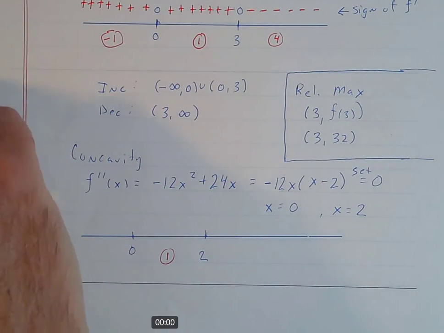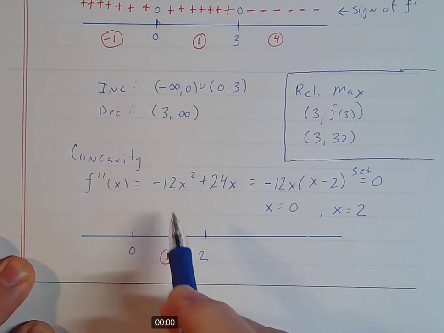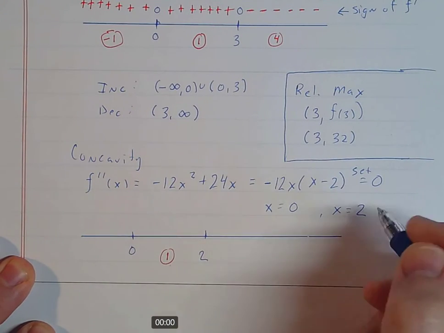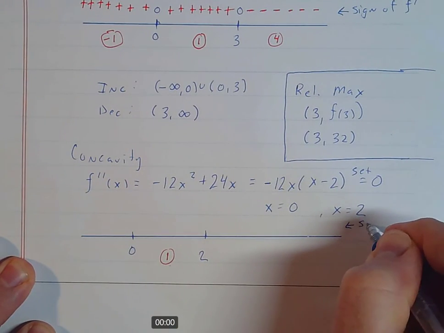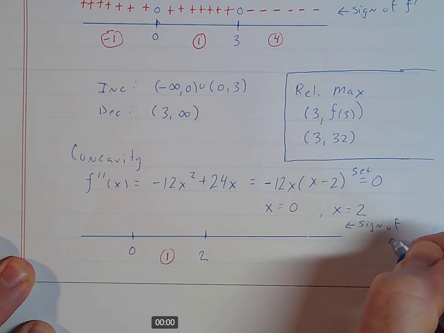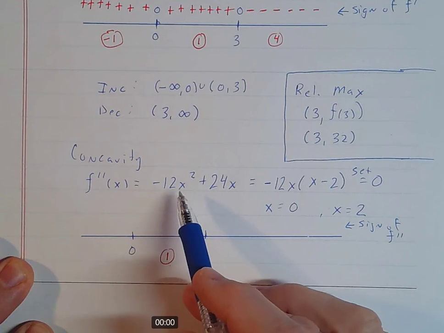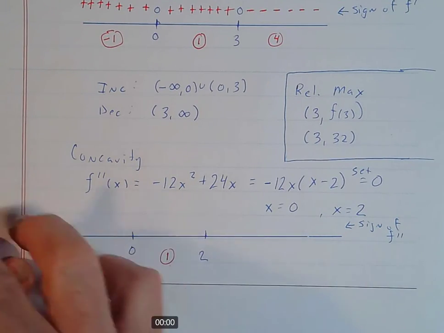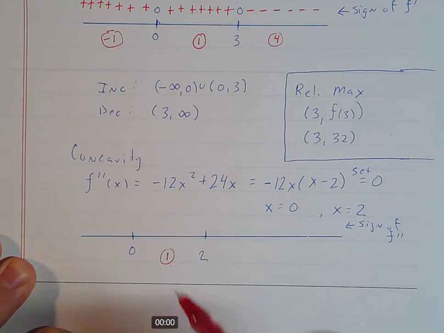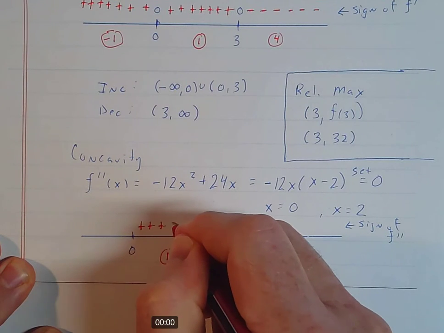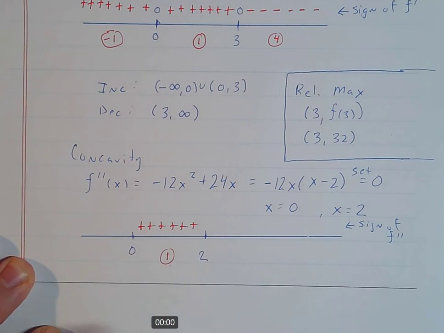Okay. So I'm going to take 1 and plug it into the second derivative. Remember, what I'm doing here is looking at the sign of f double prime. So 1 goes in the second derivative, and it looks like that's going to be positive. So the second derivative is positive here. And remember, that means that's where the graph is smiling.